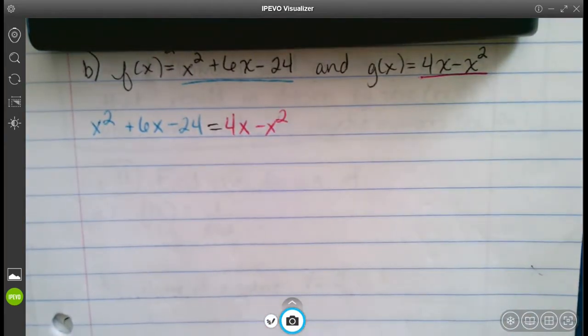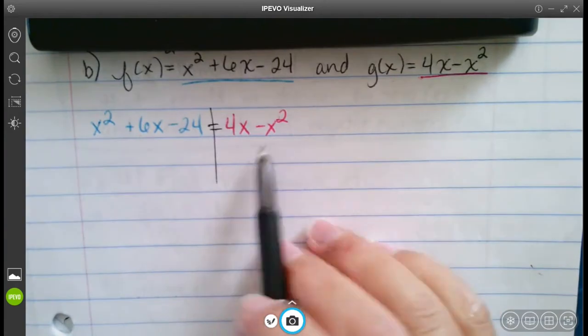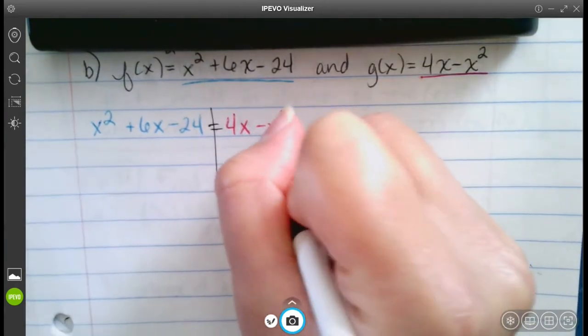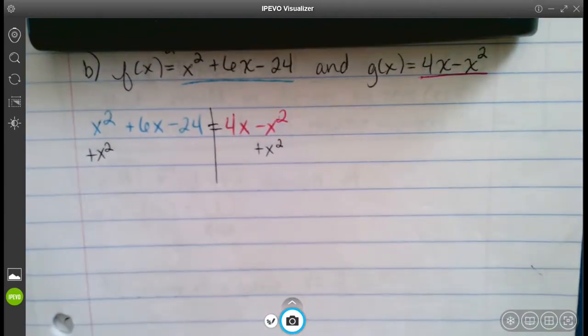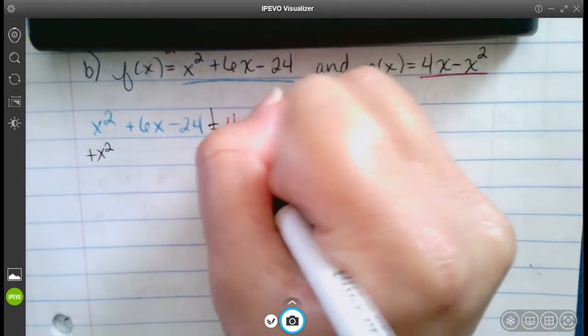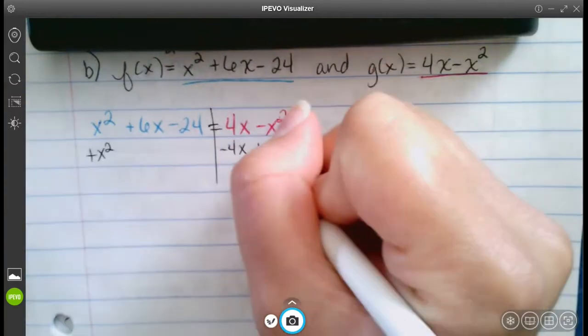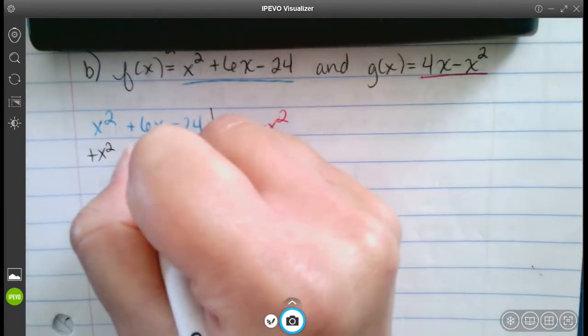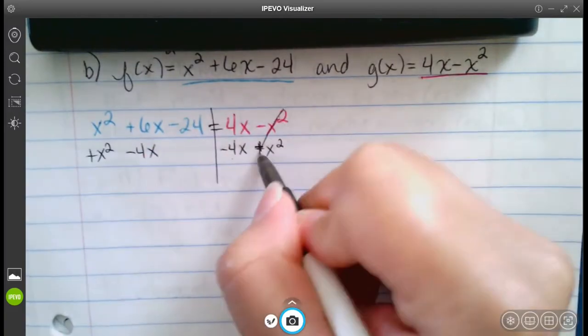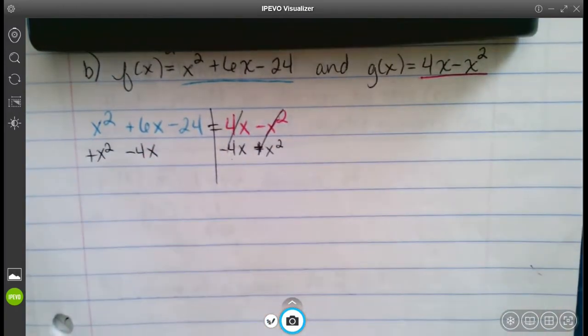And we do the same thing. We're going to combine like terms. I'm going to move x squared over here to the left side, and while we're at it, I'm going to move the other one also. This saves us a little bit of time, and I used to do this in my classes last year to reduce the work. You can move the 4x also, because why not? That'll get rid of this and this for us.